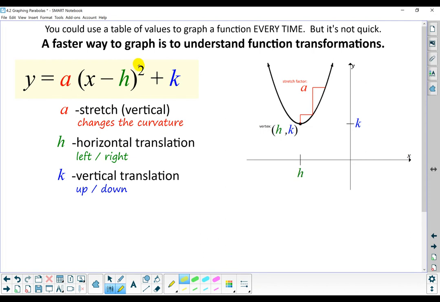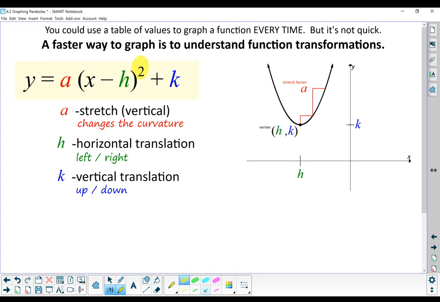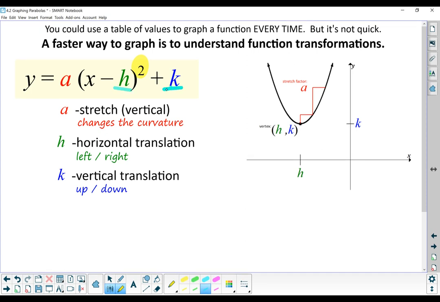So we have our power that tells us that it's a U-shape. We find our vertex the same way by focusing on these two numbers in the equation to get that vertex location. And then instead of counting off a straight edge slope, the A value is going to stretch it and change the curvature. And in just a minute, we'll talk about how that works.